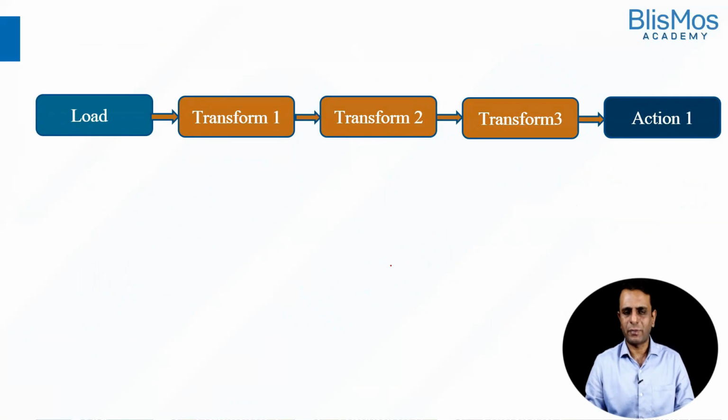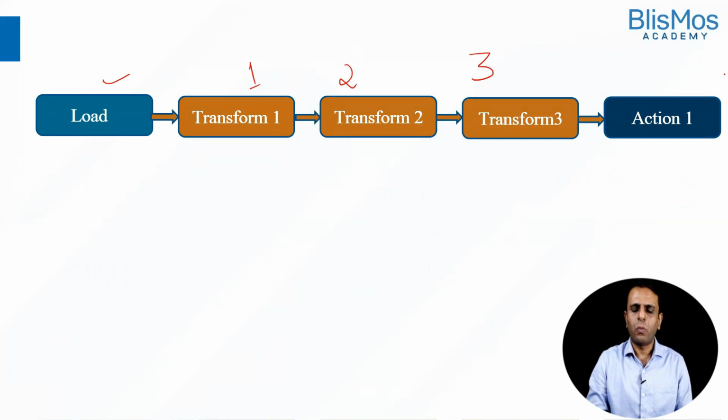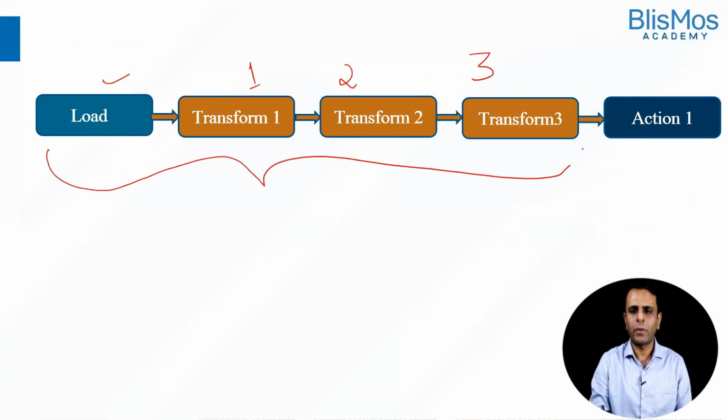One important aspect here is, we have a load happening. Then, in the same example, we have transformation 1, 2 and 3. So what essentially happens is, even though you have built these 3 transformations after loading, until you trigger an action, computations are not happening.